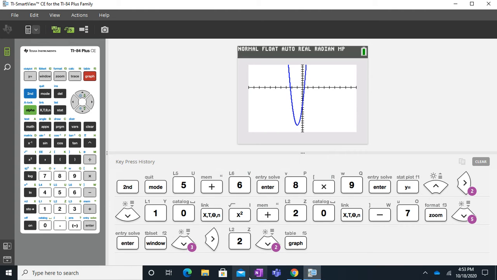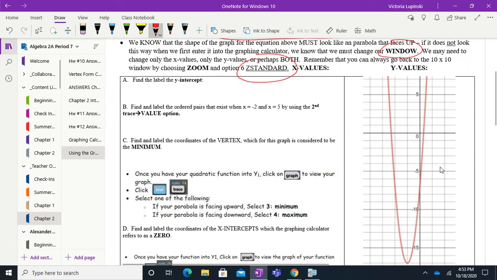So if you go back to your worksheet for a second, I have already drawn for you the graph. Again, you have to make sure that you change the window until it looks exactly the way that you were expecting. And then we're going to go ahead and remind ourselves what were the X values that we chose and what were the Y values that we chose. So that means the window. So for the X values, we chose -10 to 10.